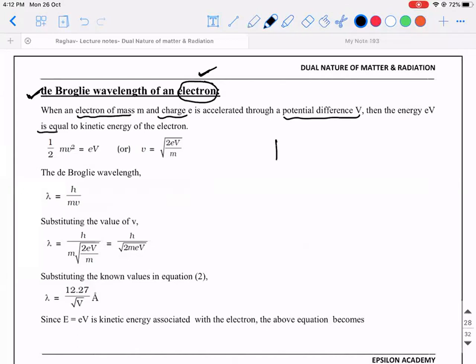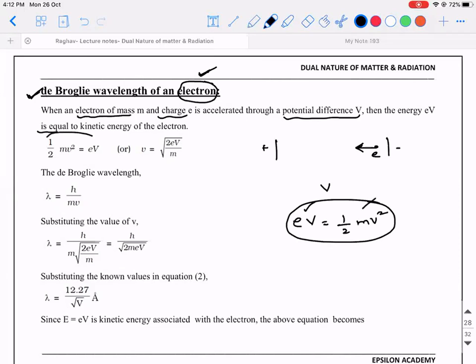If there is a potential difference V and you have an electron, the electron gets accelerated with an energy of eV, and this eV is what is getting converted to the kinetic energy. That is, the electrostatic potential energy is giving the necessary kinetic energy.